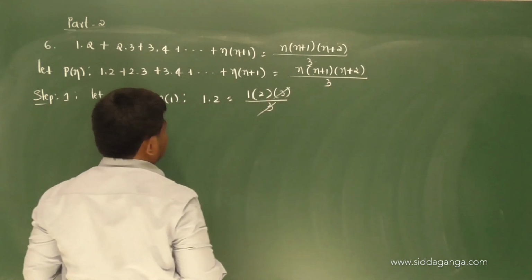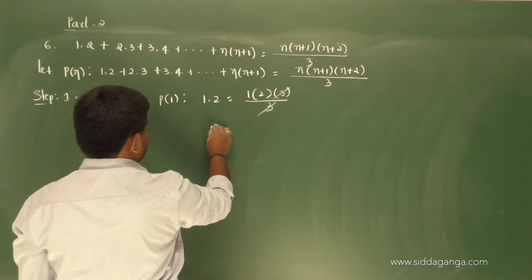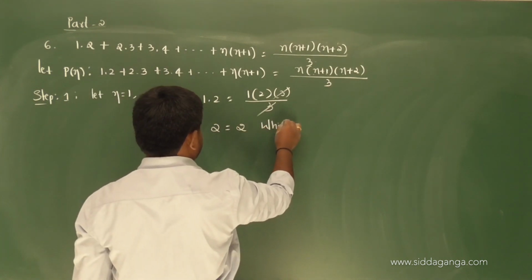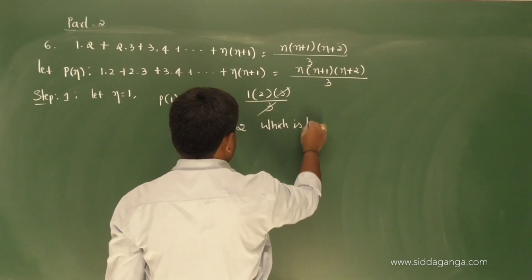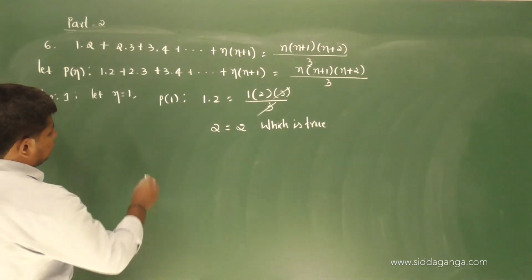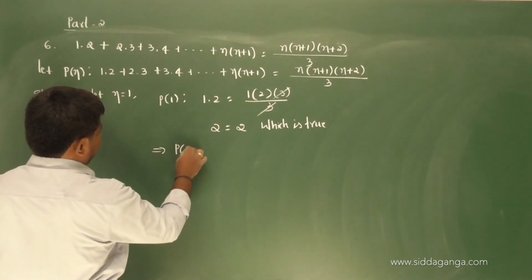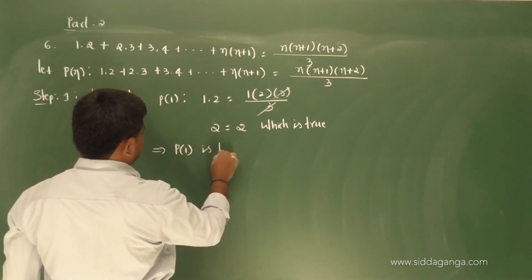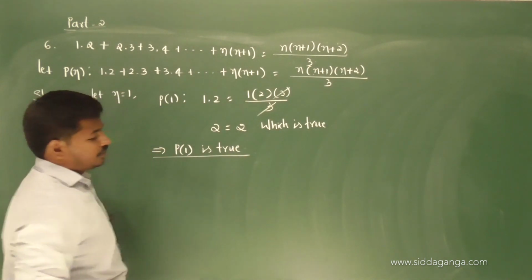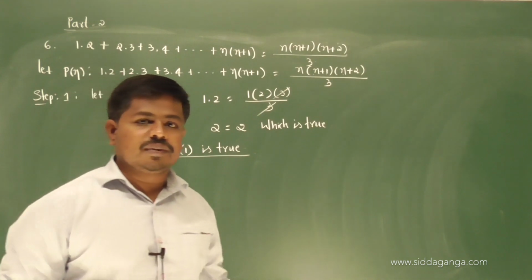So if it gets cancelled, 1 2 is 2, so 2 is equal to 2, which is true. You should write this, which is true. This implies P of 1 is true, right? This is the first step you write.